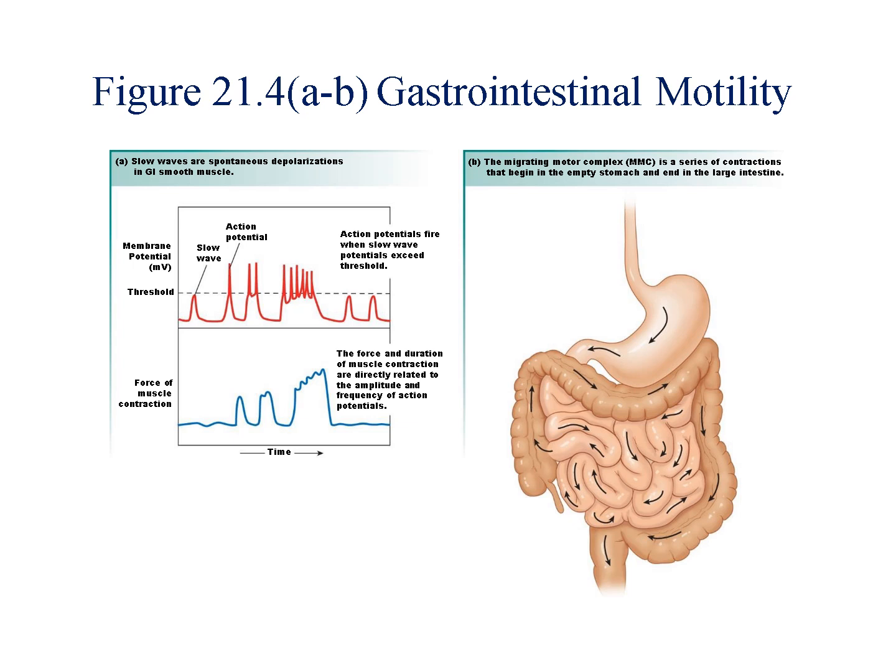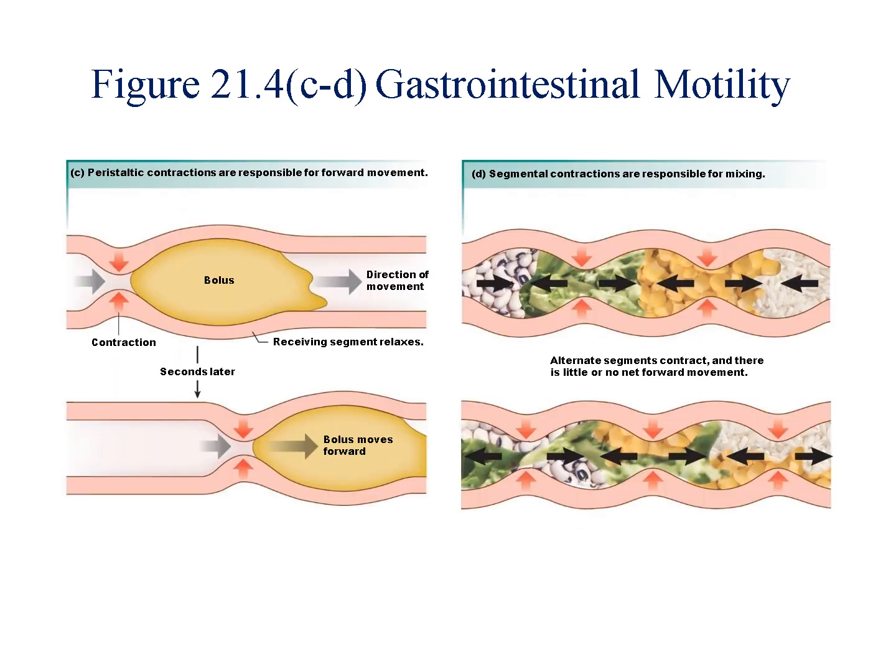By regulating contractions through slow waves and the migrating motor complex, the gastrointestinal system ensures efficient digestion, absorption, and waste elimination. This figure highlights two key types of gastrointestinal motility: peristaltic contractions, responsible for forward movement of food, and segmental contractions, which are essential for mixing.